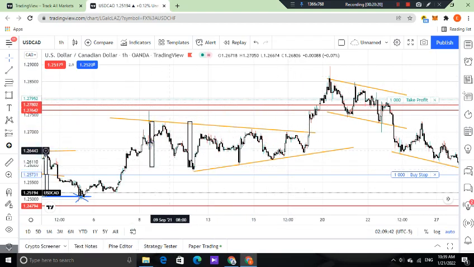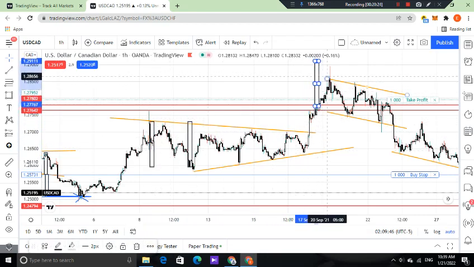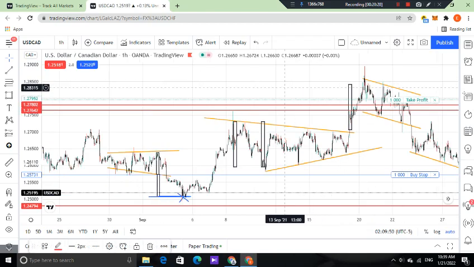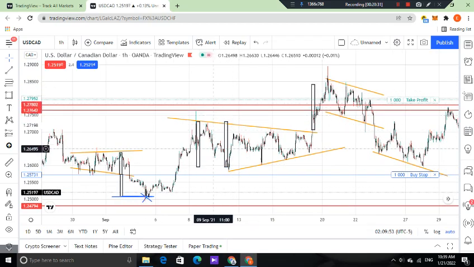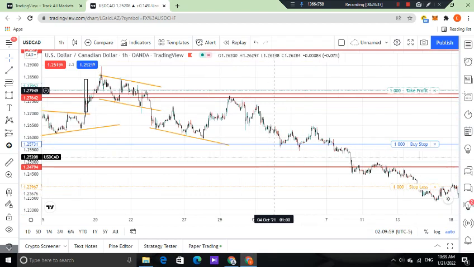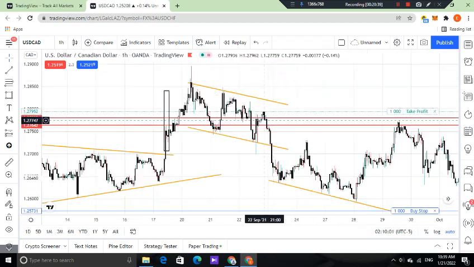If you want to have a position here, yeah, it definitely did. You measure this height and you put it after the breakout point, and yeah, here we go.